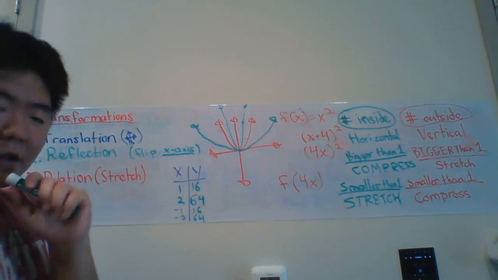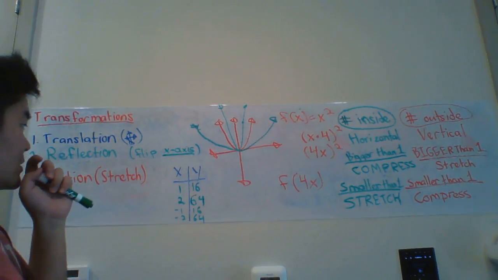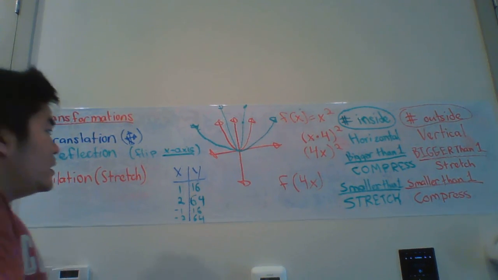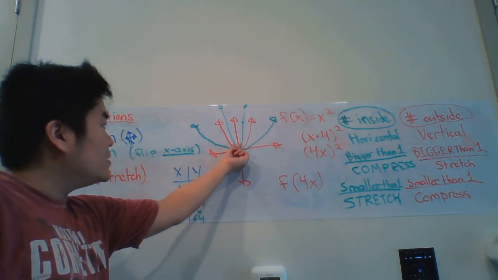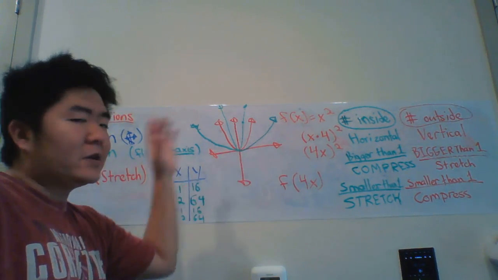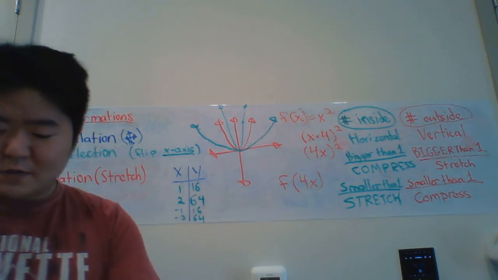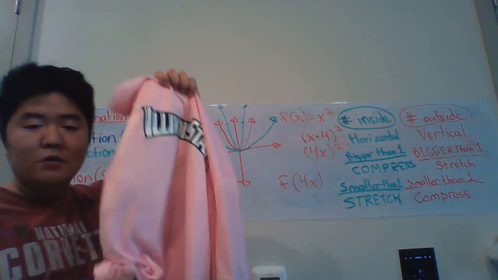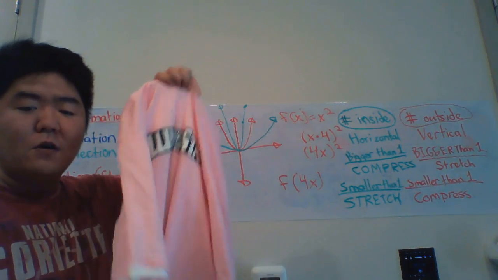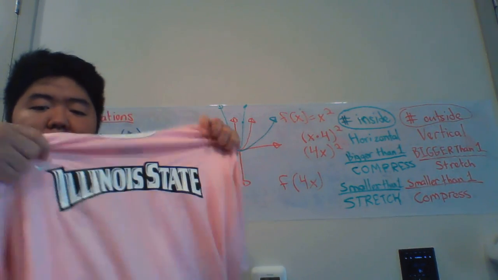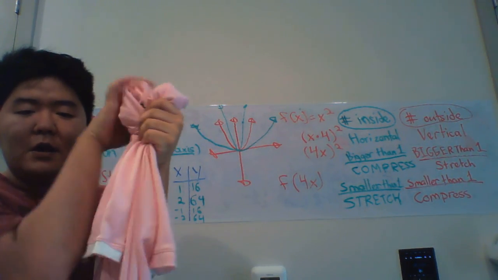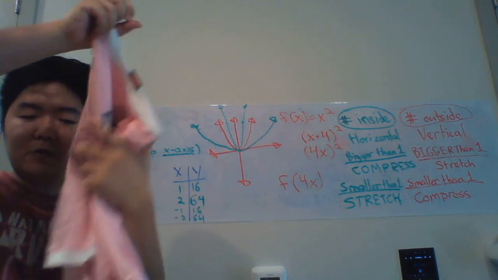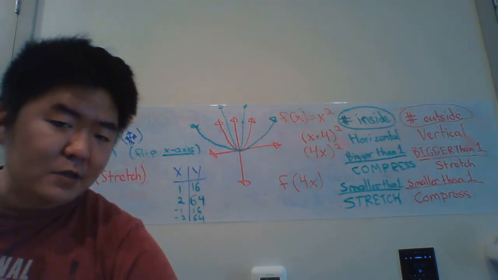Okay, so if you can see from this new one that we just made, this is actually compressing it, right? It's stretching this almost vertically, almost, right? Because we're kind of squishing this horizontally, it has no choice but to go upwards in that case.